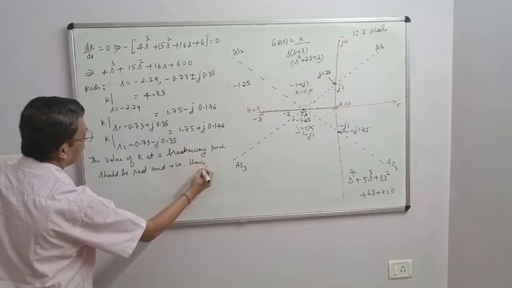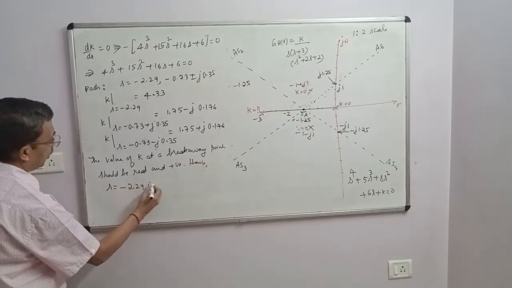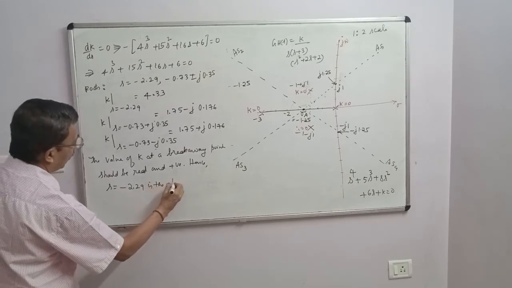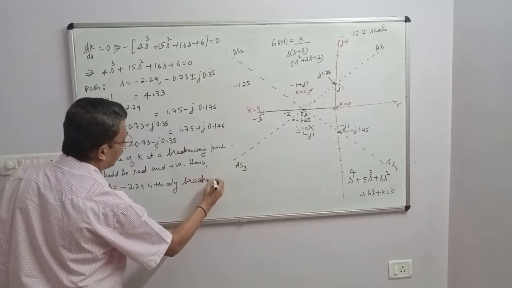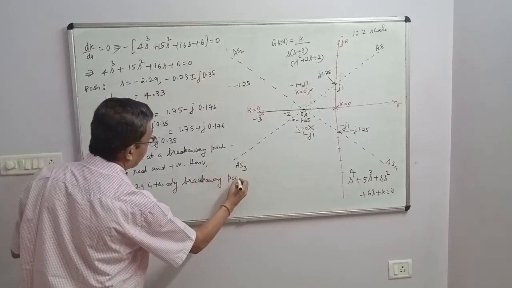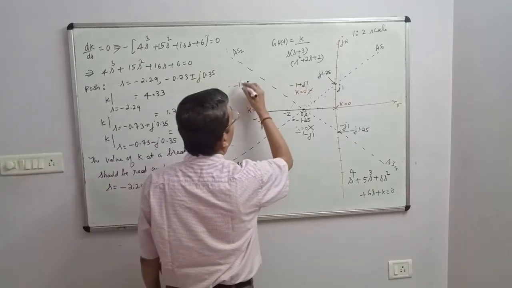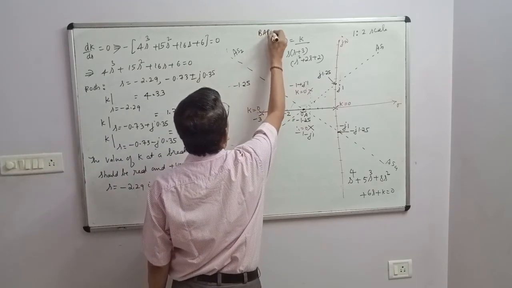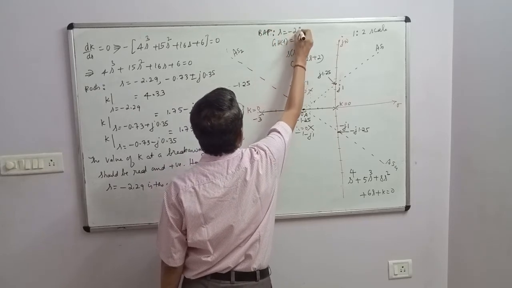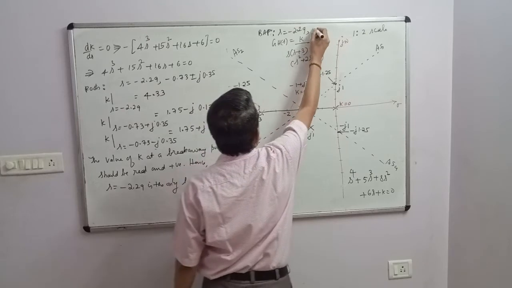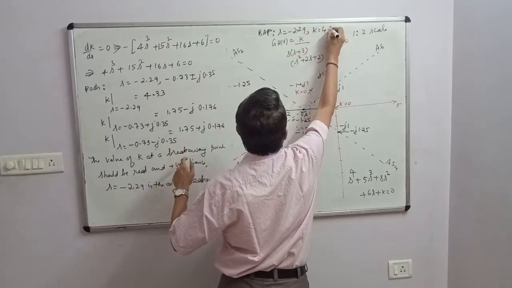Hence, s is equal to minus 2.29 is the only breakaway point. BAP is the abbreviation. The breakaway point is s is equal to minus 2.29, and the value of k at the breakaway point is 4.33.